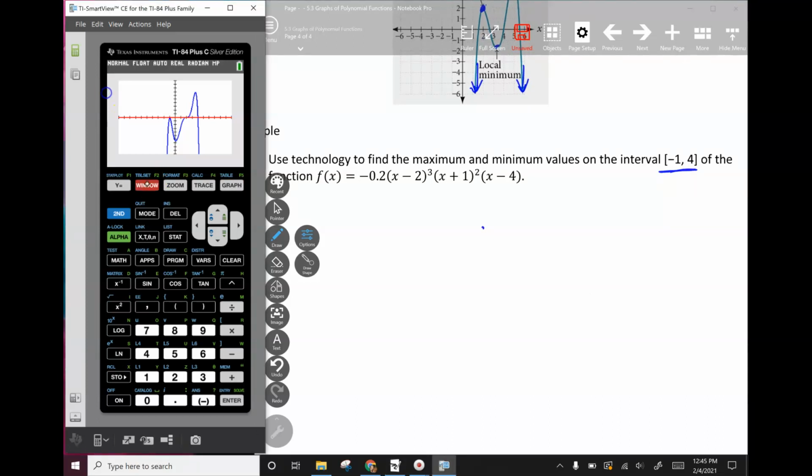So to do that, hit window. They're talking about the x values, so I want my minimum to be -1. I want my x maximum to be 4, and that will give us a better look at this graph.